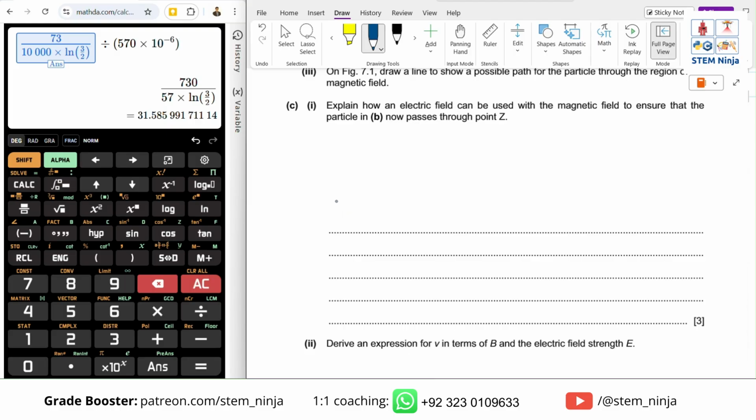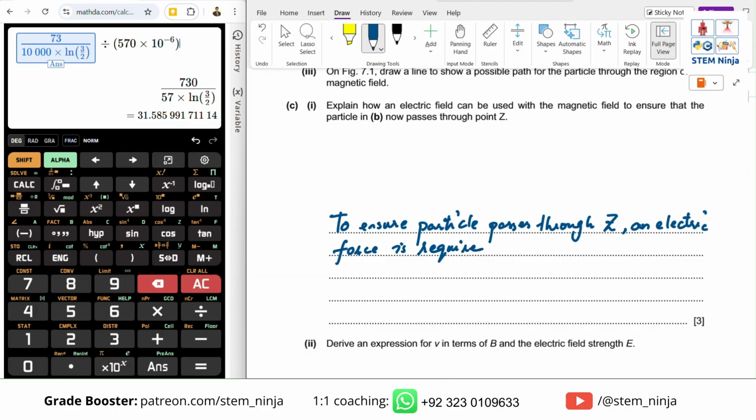So, to ensure the particle passes to Z, an electric field or electric force is required that is equal in magnitude to the magnetic force acting on the particle but in opposite direction.